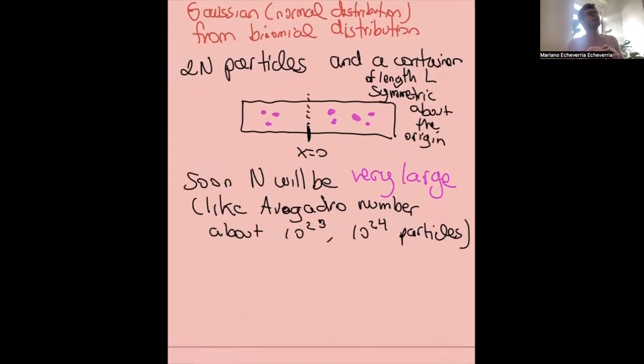But since the container is perfectly symmetric, you might say each particle has probability one half of being on each side of the container, right? So p, which is one half, will be the probability for a particle to be on the right side of the container.